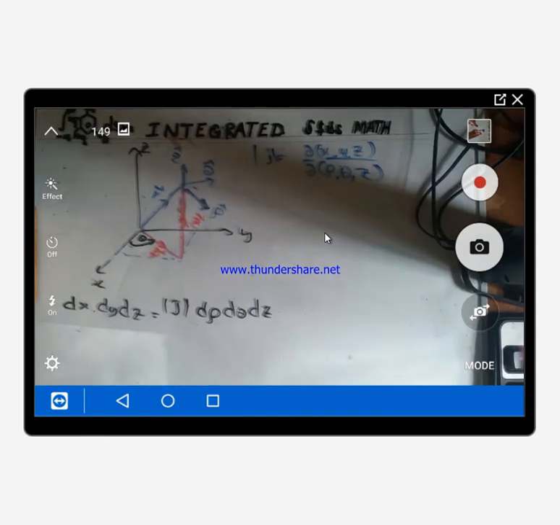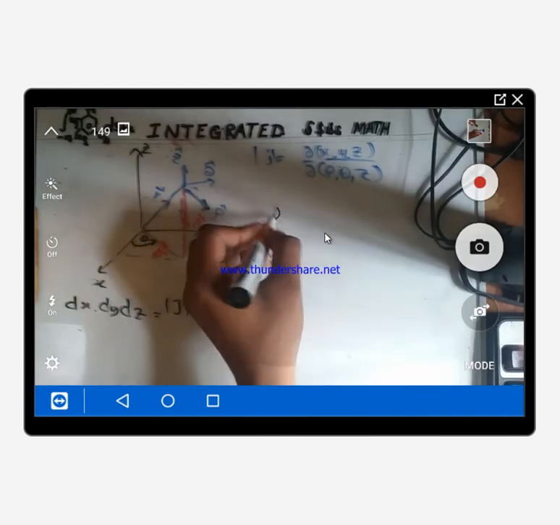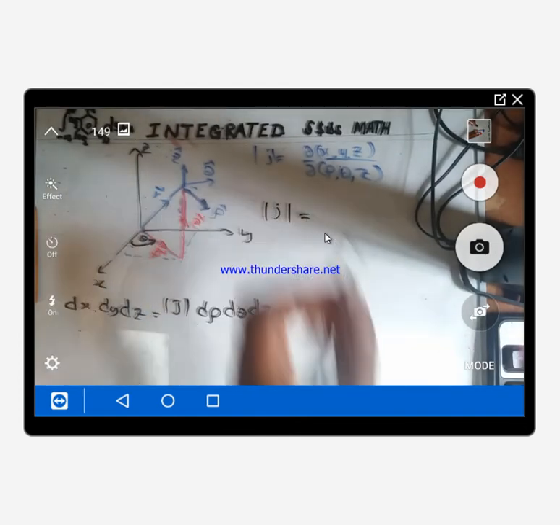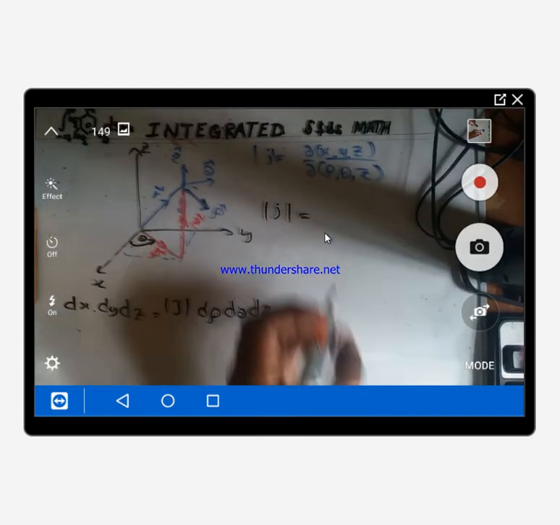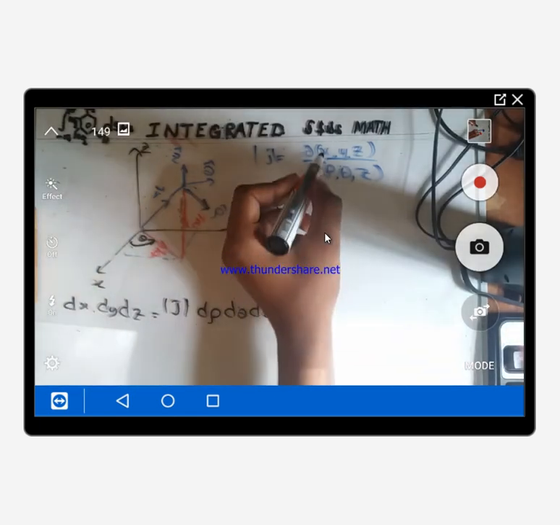No need to be confused. Nothing else. This is the determinant of the Jacobian matrix.